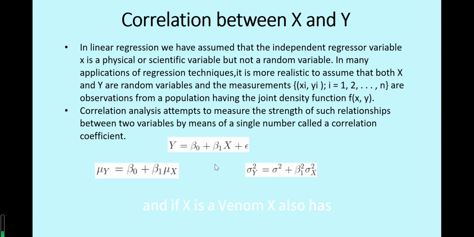If x is random, x also has variance sigma x squared. Because the two are independent, the variance of y is sigma square plus beta 1 square times the variance of x. And the mean of y is the mean of x times the coefficient plus the intercept. Here beta 1 is the slope coefficient.